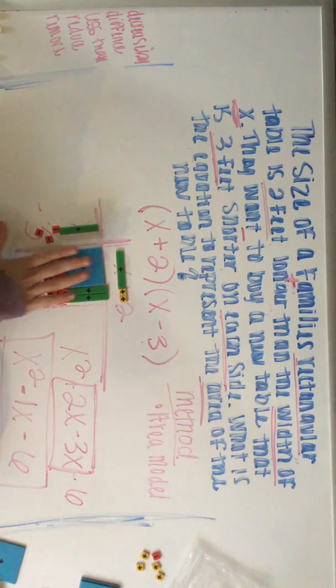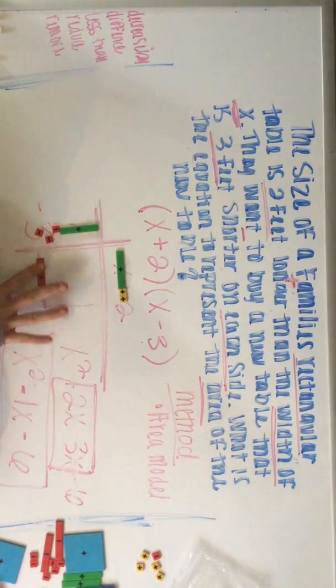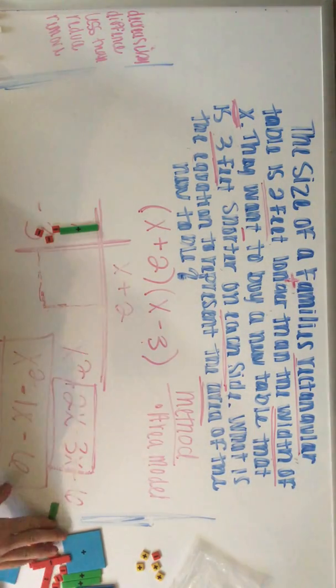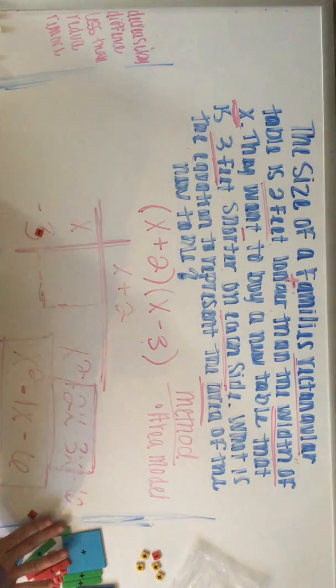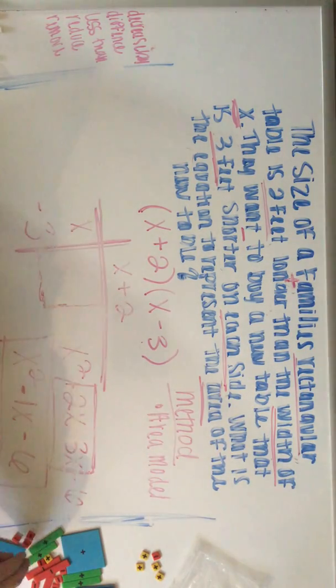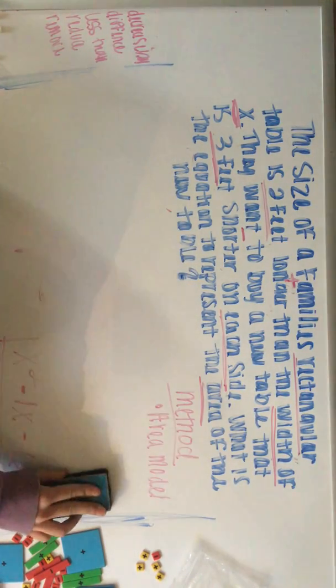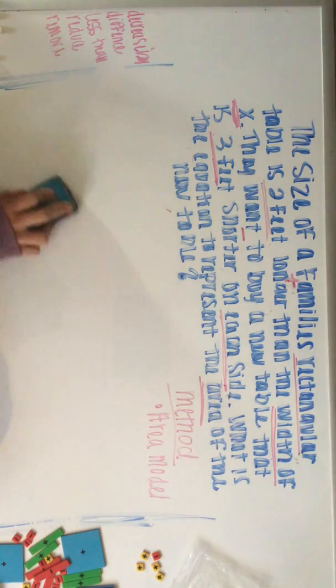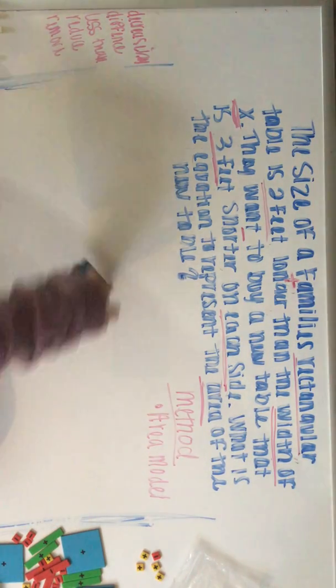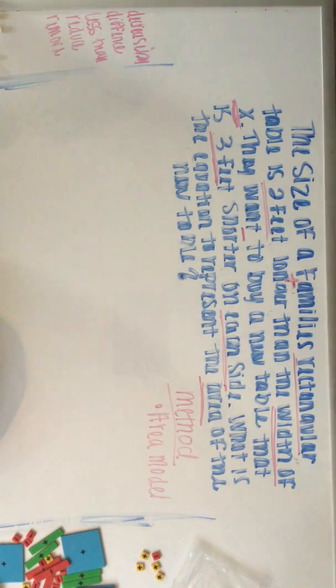All right. So let's go over another model. Now that you kind of have an understanding of what multiplying binomials actually means, there's a little shortcut. All right, let's rewrite our problem.